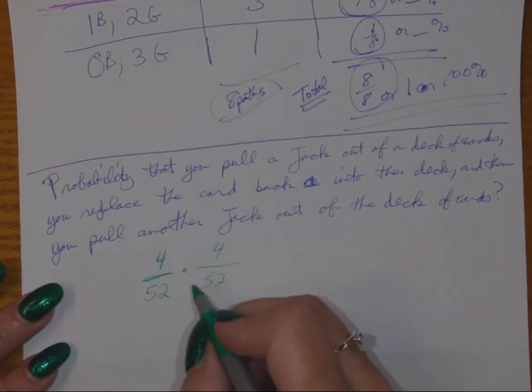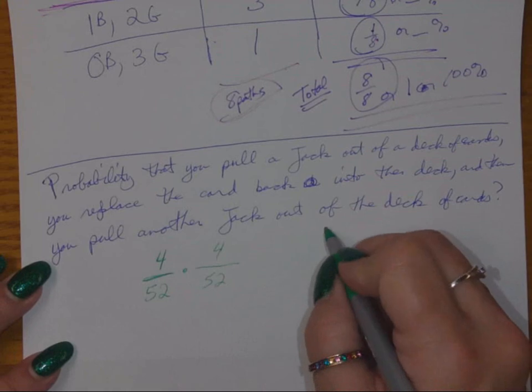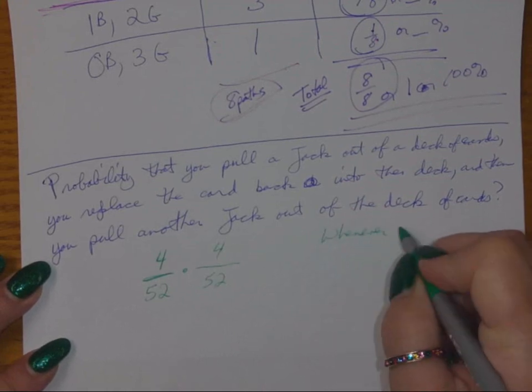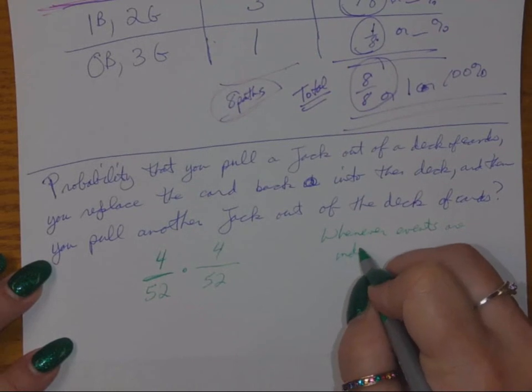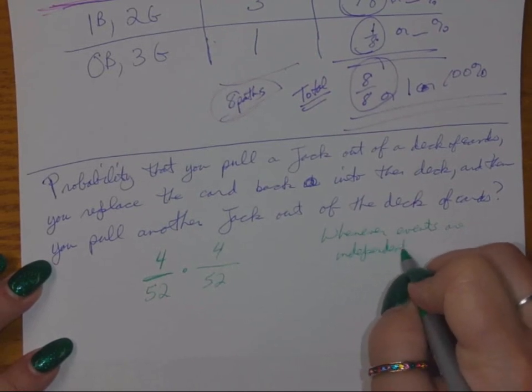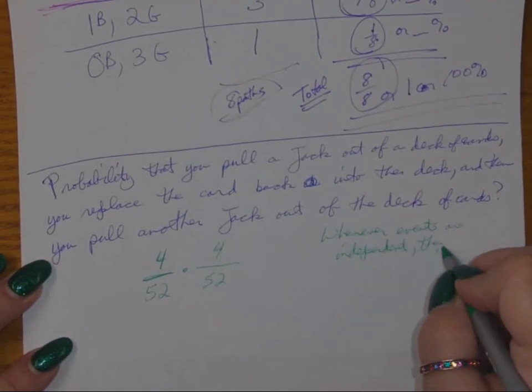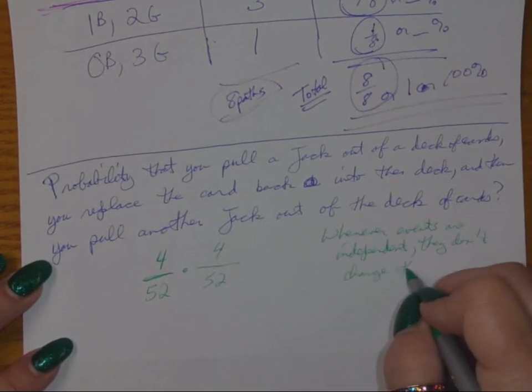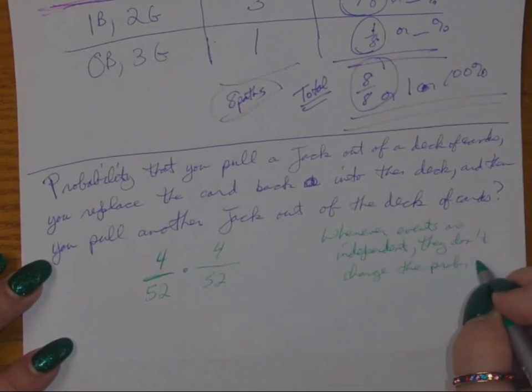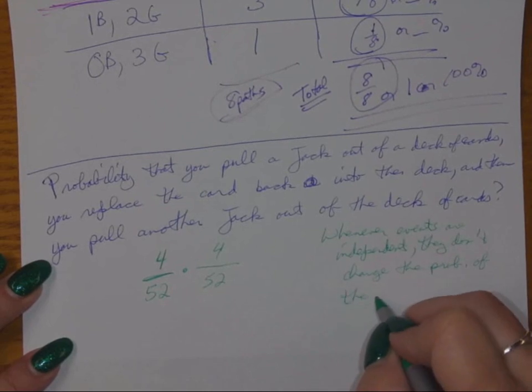So here's the upshot: whenever events are independent, they don't change the probability of the other event happening.